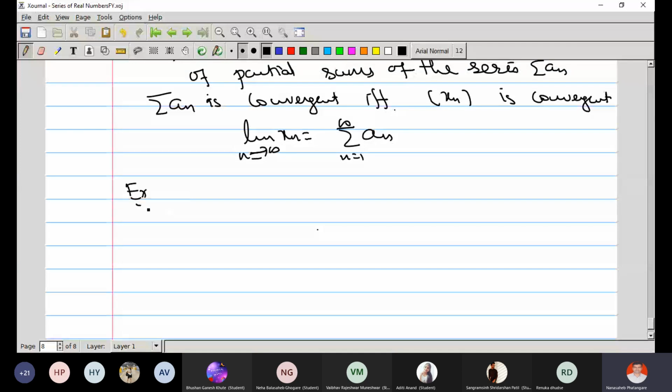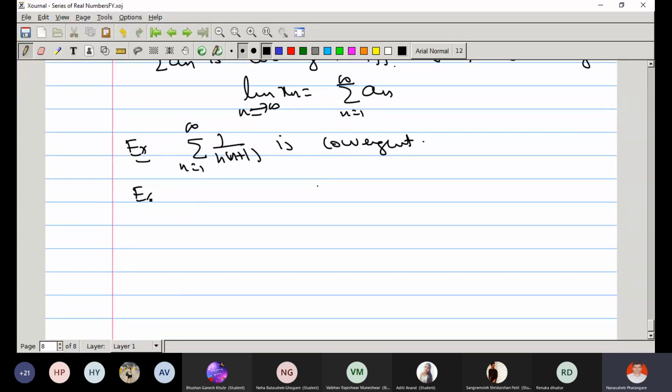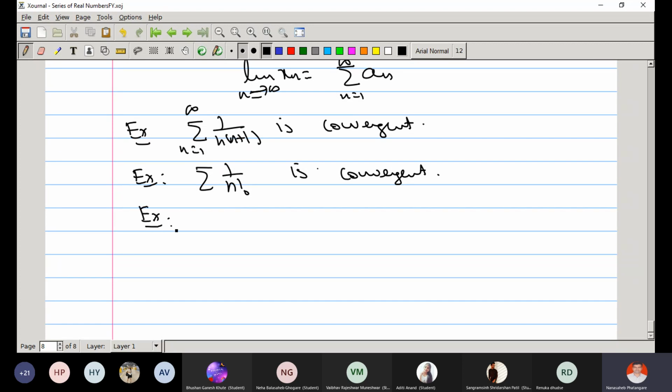We also saw examples: the series 1 upon n into n plus 1 is convergent, 1 upon n factorial is convergent, 1 by n square is convergent, and the series minus 1 raised to n is divergent.